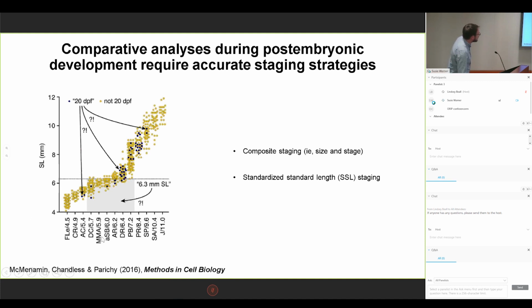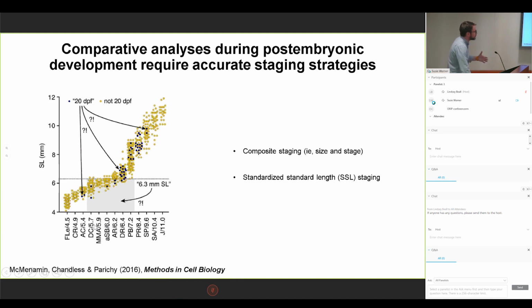So you can see here, these are post-embryonic developmental stages, these DR, AR stages. And then you can see here, even within that system, there's huge variability as well. So a fish that's 6.3 millimeters could be any one of these developmental stages here.